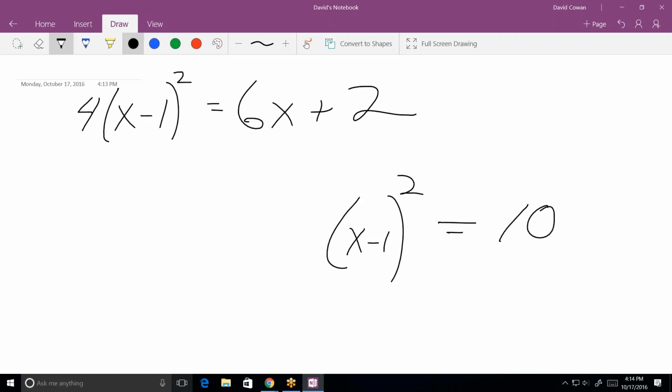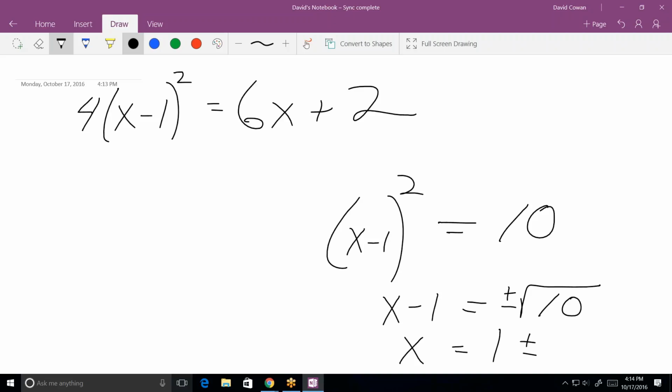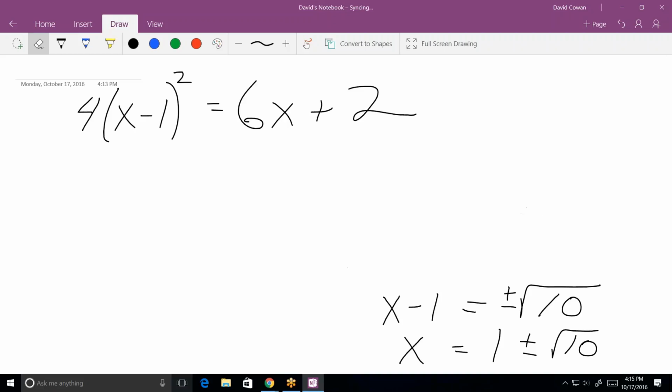It would be to take the square root of both sides, and I would have this, and then add 1. Well, it's actually plus or minus, and then add 1 so that this is the answer. So just because you're looking at something squared doesn't necessarily mean you should expand it.